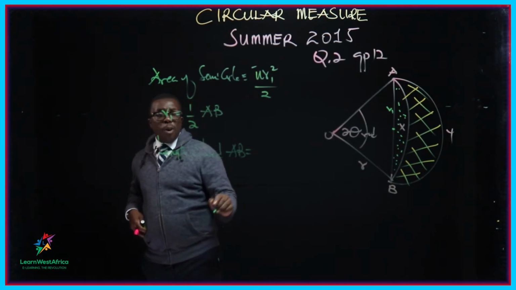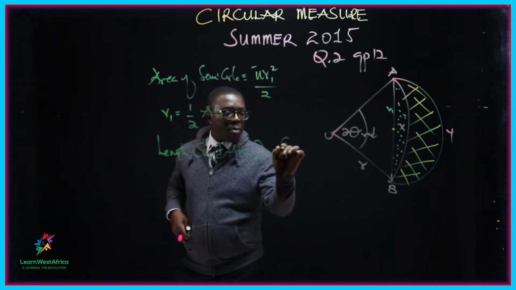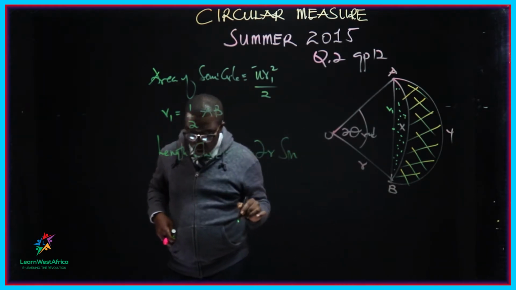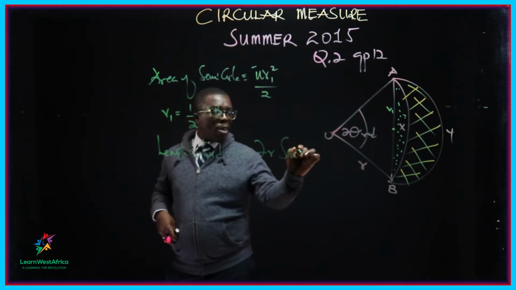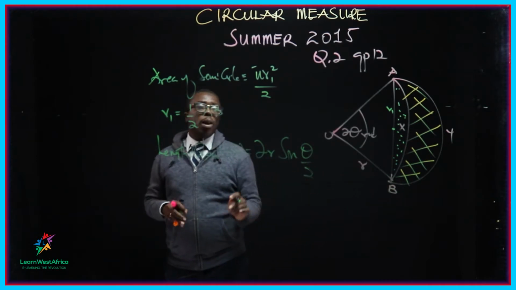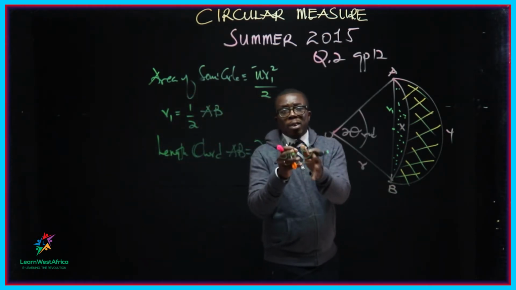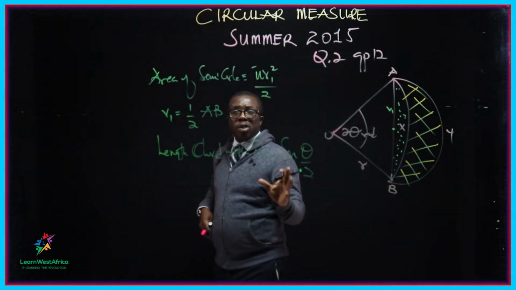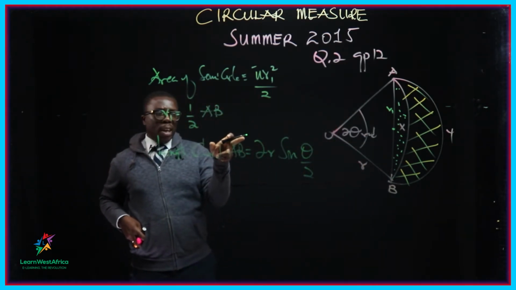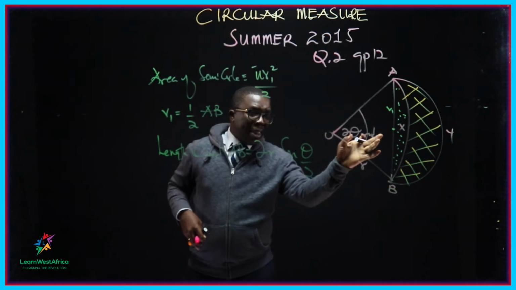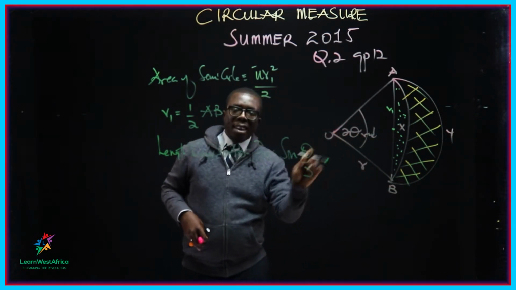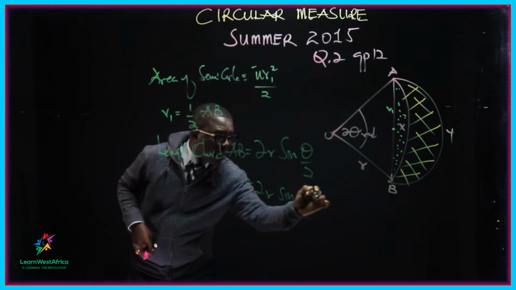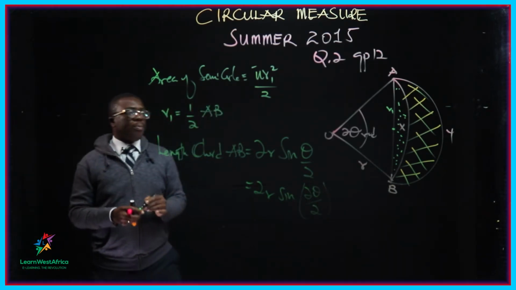We know the length of a chord to be 2r sine theta over 2, where theta refers to the angle that has created that chord. So this is the general formula of a chord, 2r sine theta over 2. But now, if you look at the diagram carefully, the angle in this particular diagram is 2 theta. So we'll write 2r sine (2 theta over 2).